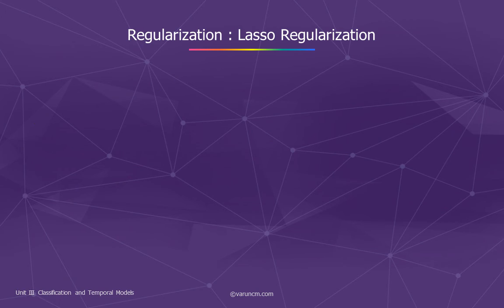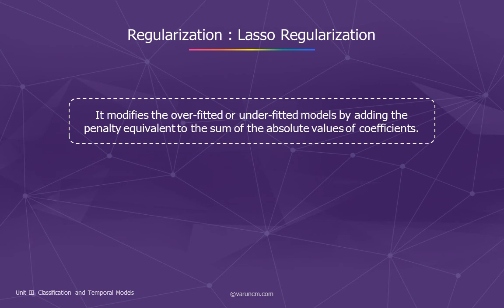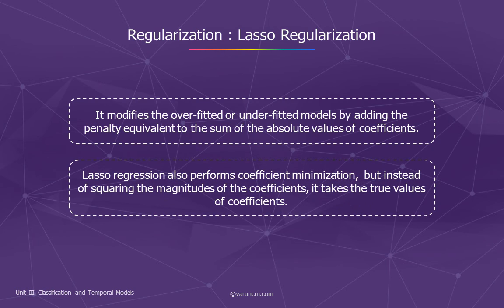Next we can move to the next type of regularization, that is lasso regularization. It is also similar to ridge regularization, which avoids or modifies the overfitted or underfitted models by adding a penalty. But here the penalty is calculated by the sum of absolute values of coefficients.